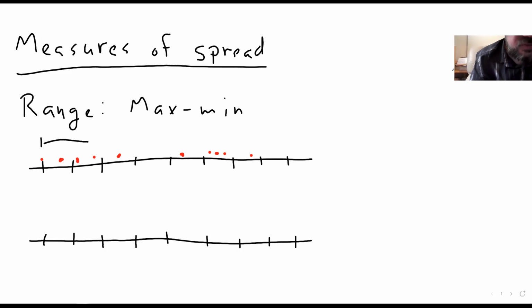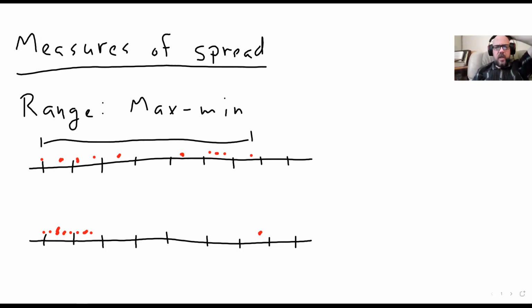So the range goes from here to here. It's whatever the length of that line is. I didn't put a scale on this, so you can't really tell. But if you compare some relatively evenly spaced data like that to some data that looks more like this, so there, here, here, we've got a bunch of data all clustered over here, and then one over here.